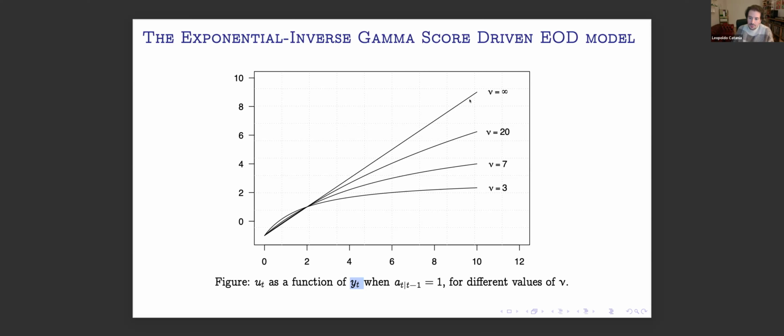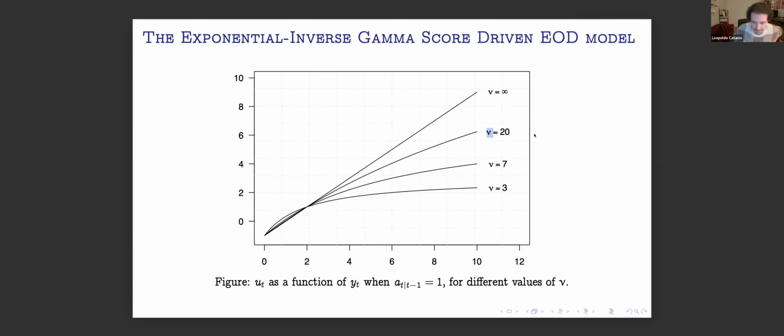But when this parameter mu_t is finite, then we obtain this bounded response, exactly the same that happens in the beta-t-GARCH model.